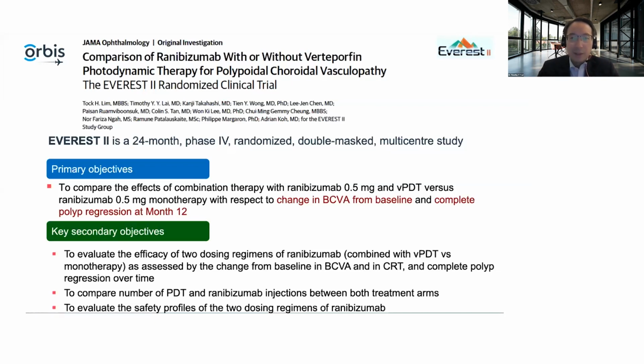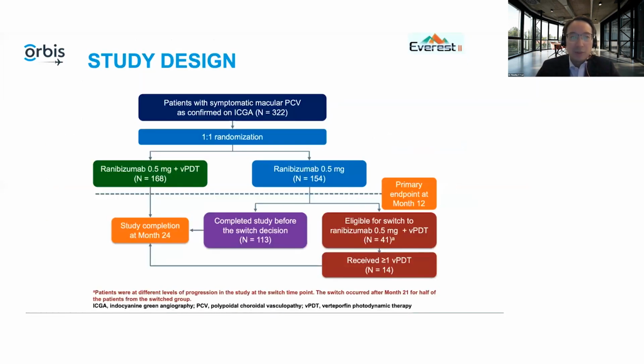Other secondary objectives include the change in central retinal thickness, the polypoidal regression rate, number of treatments, etc. The study randomized over 320 patients, half of them to the combination arm, ranibizumab plus verteporfin PDT, the other arm to ranibizumab alone.